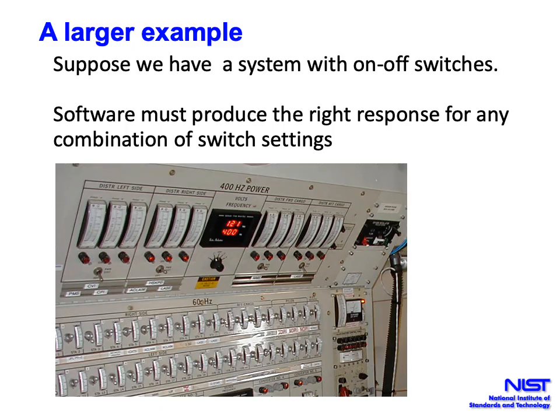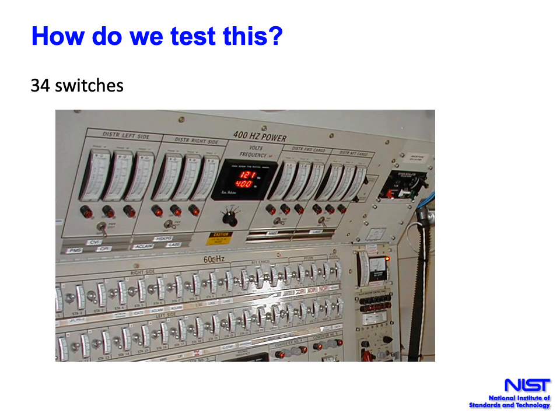Here's a much bigger example. In this case, we're going to consider a system that has a large number of on-off switches, and let's say that the software must respond in different ways depending on how these switches are set. So with 34 switches, we have 2 to the 34th, or roughly 17 billion possible input combinations.